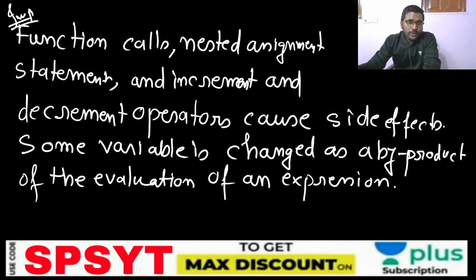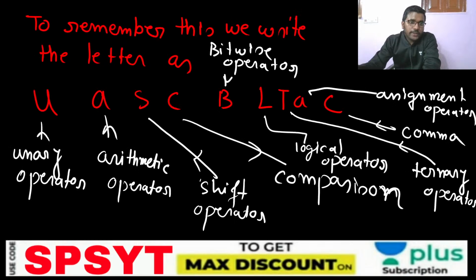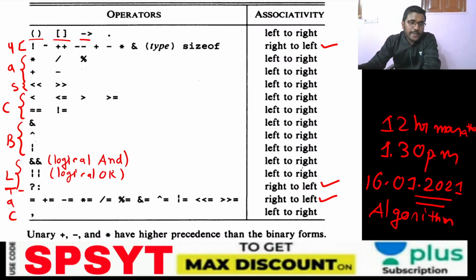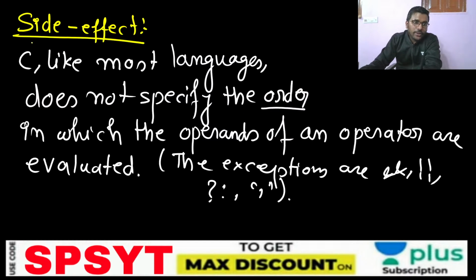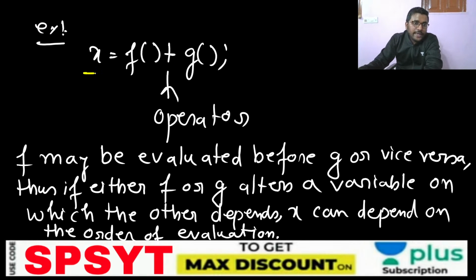So the operators and all these things are finished. We have seen all the operators in a very detailed way. Even we have seen the side effect, where it is compiler dependent. Most programming languages do not specify the order in which the operands of an operator execute. Like if you have x and a function call, whether this will be called first or that, you don't know.